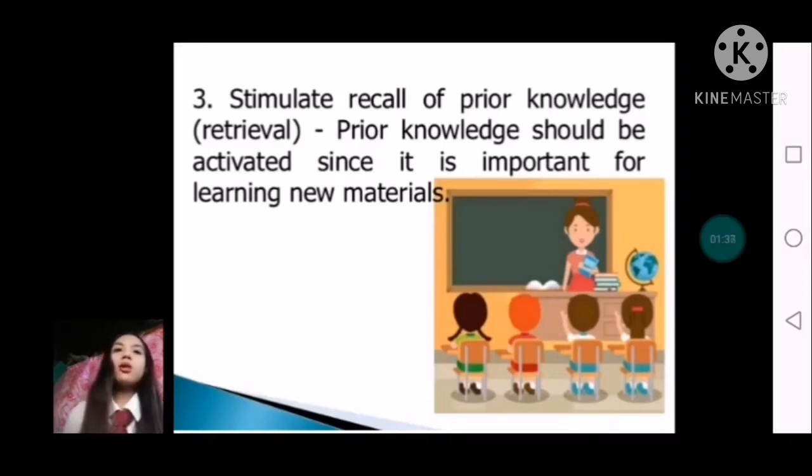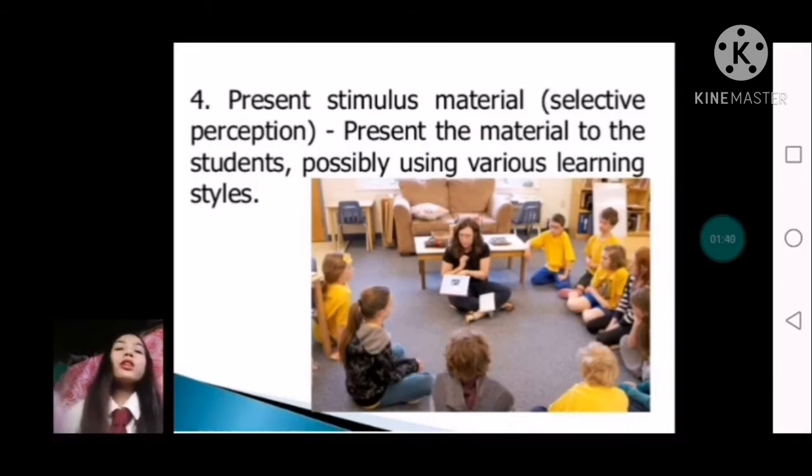Okay? So, for the fourth instruction is present stimulus material, or selective perception. It means presenting the material to the students, possibly using various learning styles. The goal is information acquisition.